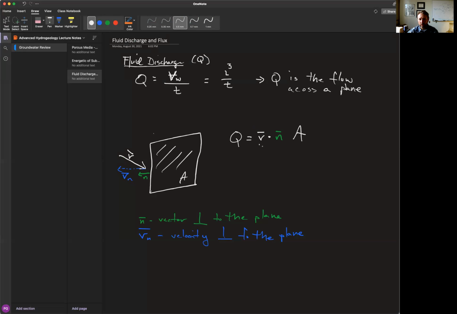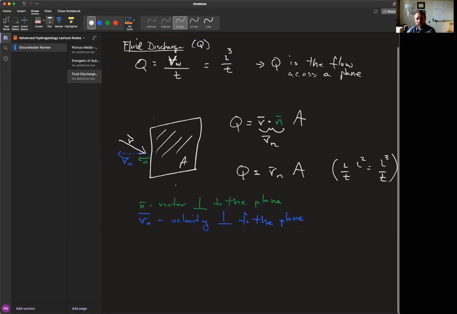This is the normal velocity v sub n. So bottom line, discharge is equal to v sub n times the area. If we do the units here, we get length over time times length squared, which is length cubed over time. So that's good. That's the volume per unit time crossing our area.